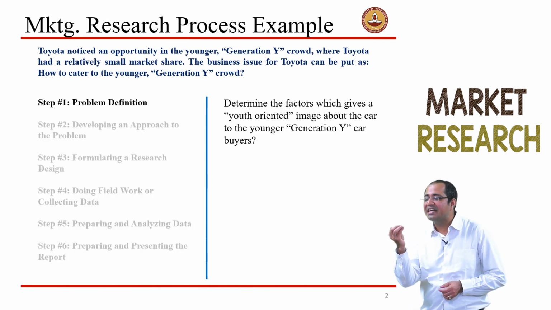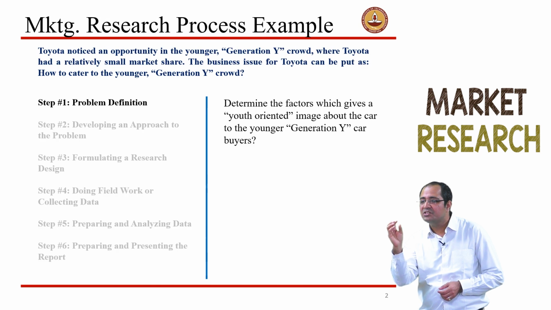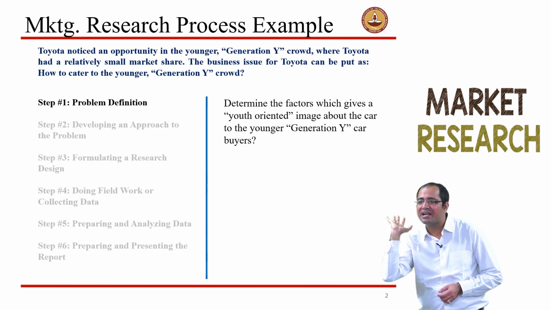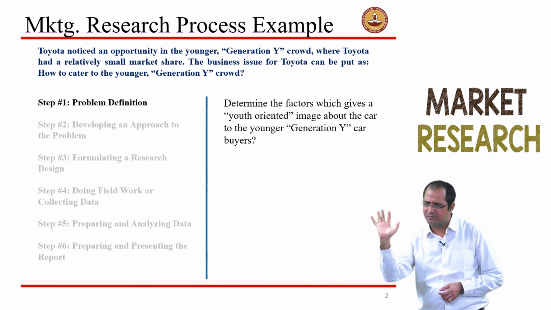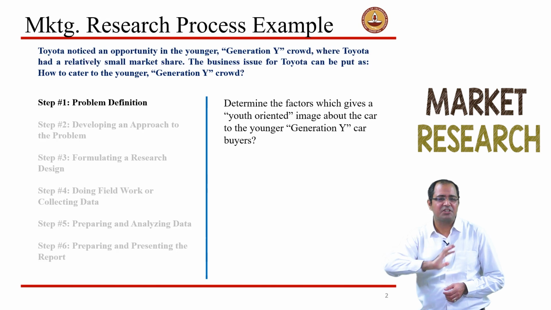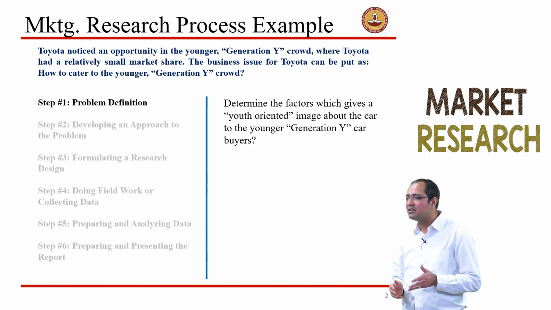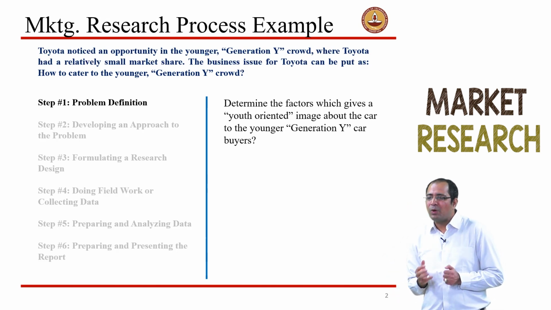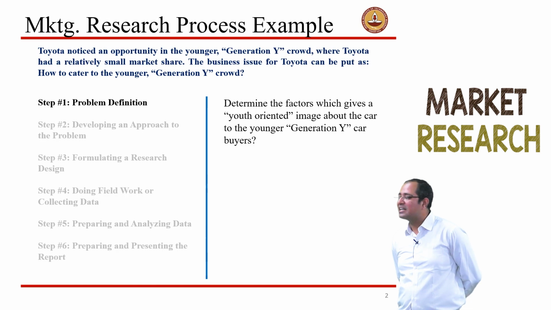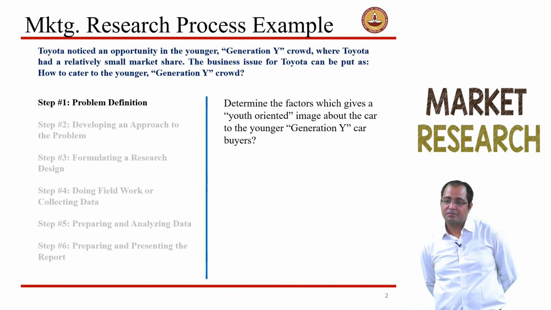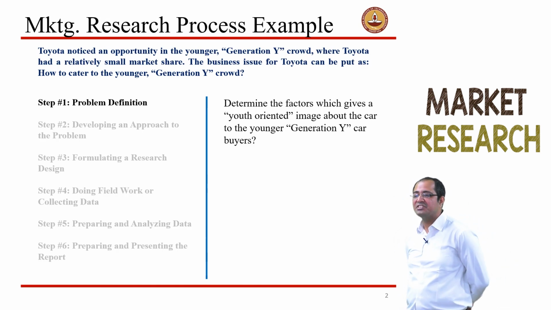So they have identified an opportunity: should we go after the generation Y crowd? They would have confirmed through market share data that the opportunity is real. So once the opportunity is identified, they are going to see how to utilize the opportunity.